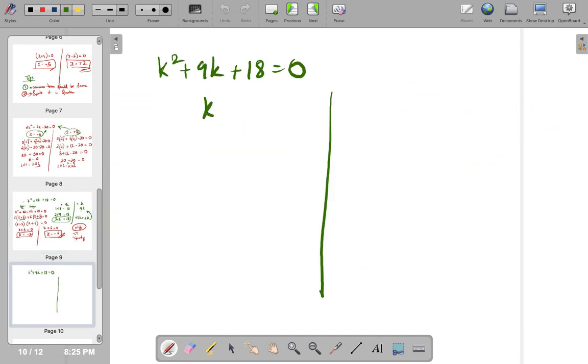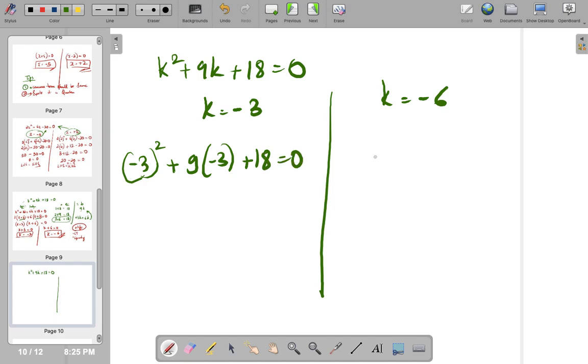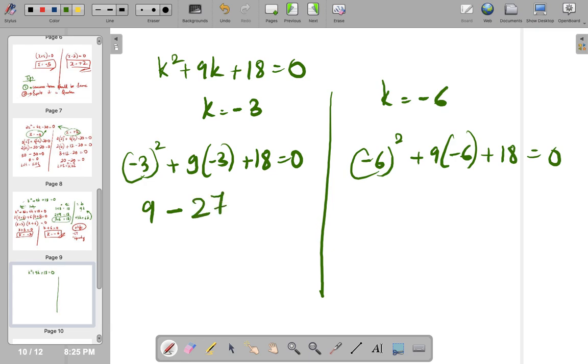Minus 3 and minus 6. Minus 3 whole square plus 9 times minus 3 plus 18 equal to 0. Minus 6 whole square plus 9 times minus 6 plus 18 equal to 0. So what is 3 times 3? It is 9. Minus 9 times 3 is 27, plus 18 equal to 0. 6 times 6 is 36. 9 times 6 is 54, plus 18 equal to 0.